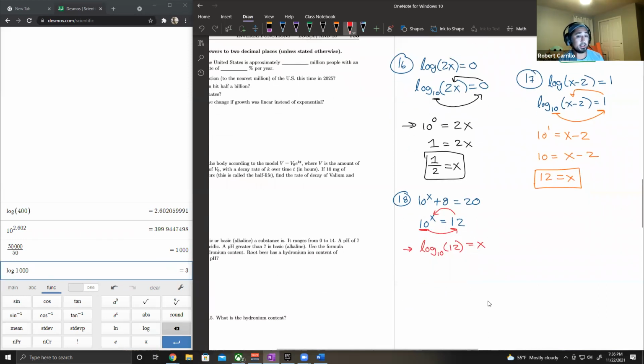And since this is the common log, we will just rewrite it as log 12 equal to x. Let's find out what the log of 12 is. And we get 1.079 is equal to x.